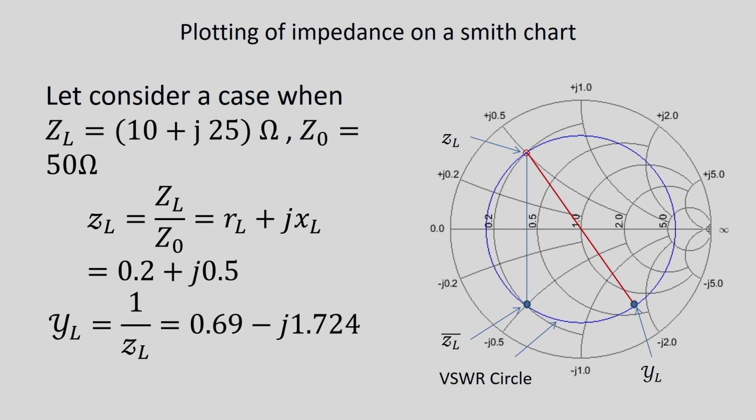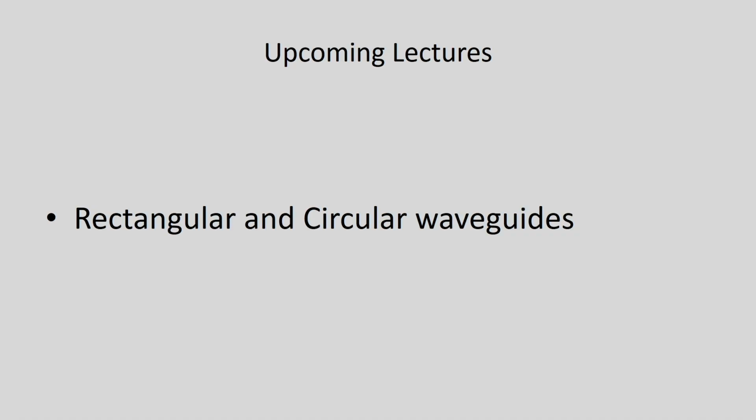We have seen some basics of the Smith chart. We will use this Smith chart extensively in our later lectures, particularly when we will be solving the impedance matching problem. So far we have confined our discussion to transmission lines.